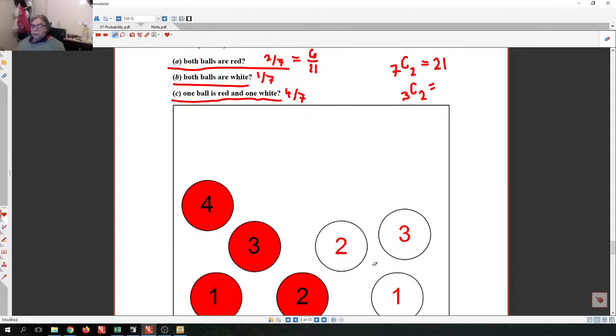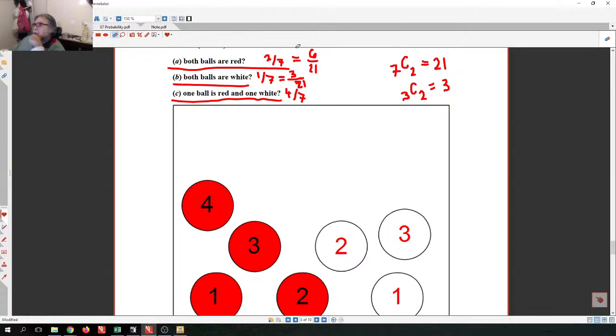Since the order doesn't matter because I'm choosing 2 balls at once, that's 3 ways. So you get 3 out of 21. 21 different ways to get 2 balls out of the hat, but three of those are with 2 white balls. If you reduce up and down, you divide by 3, you get 1 out of 7. Okay?